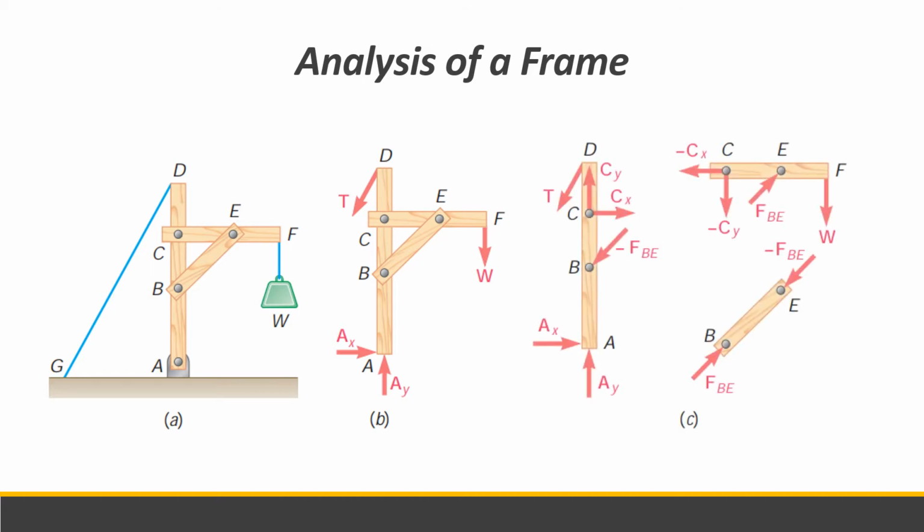So we dismember the frame. This will be the free body diagram of each member. For this frame, we have three members: member AD, member CF, and member BE. Now, starting with the two-force member.